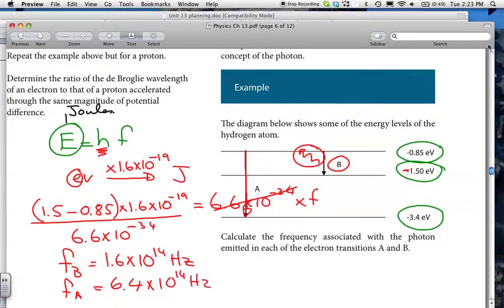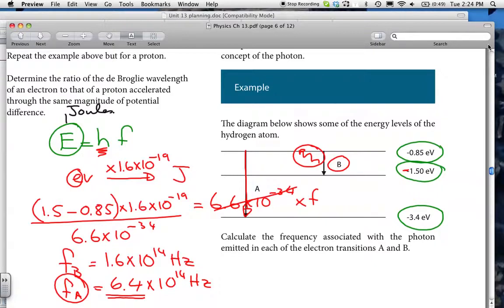Well, that's what the textbook says anyway. Looking at that, we see that obviously f A is a higher frequency, and therefore a higher energy light or photon than the frequency of B.